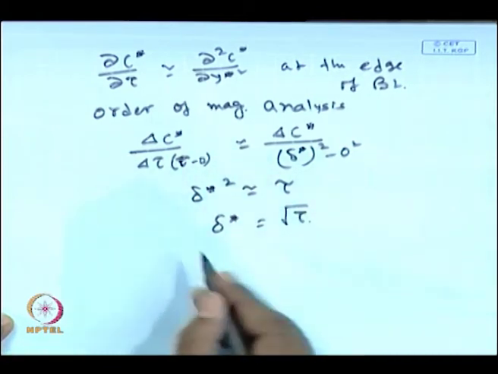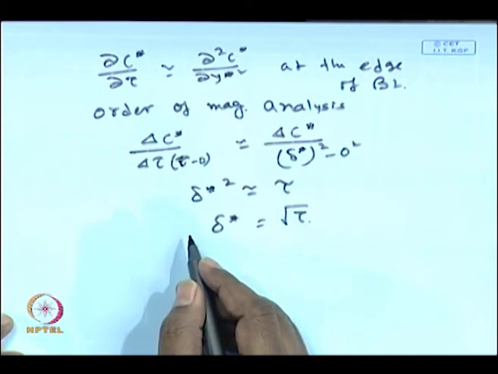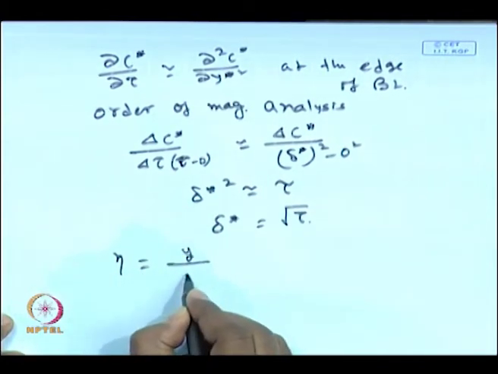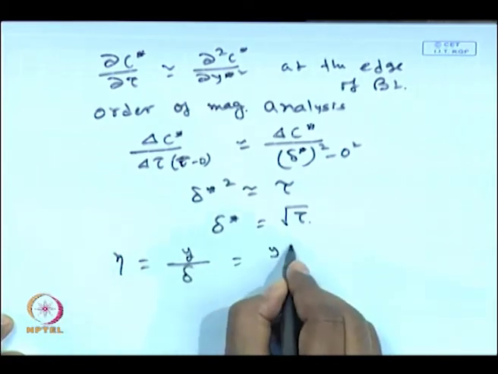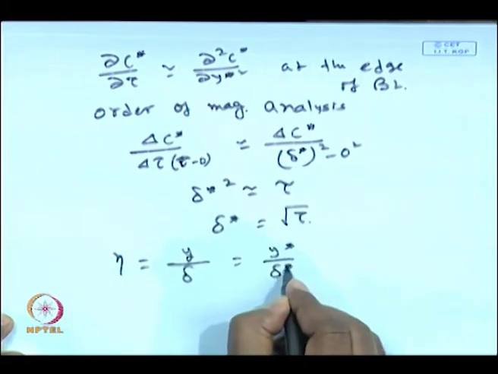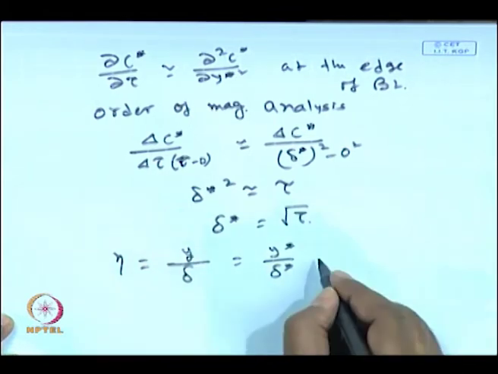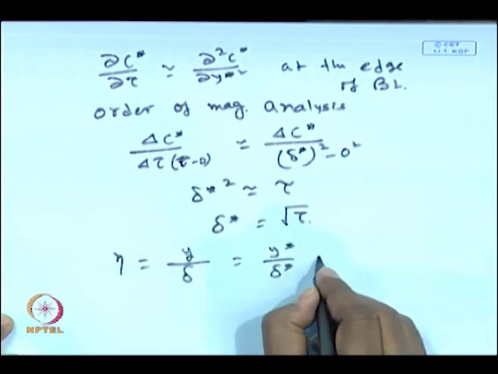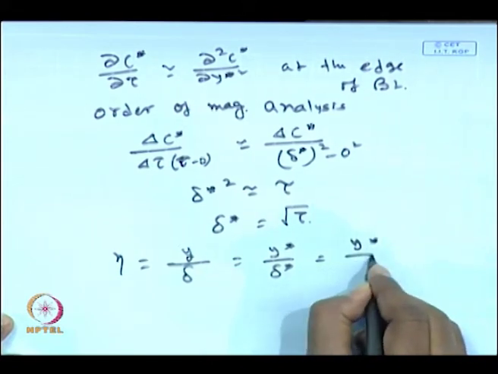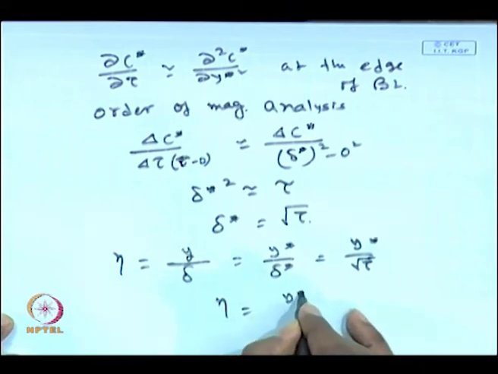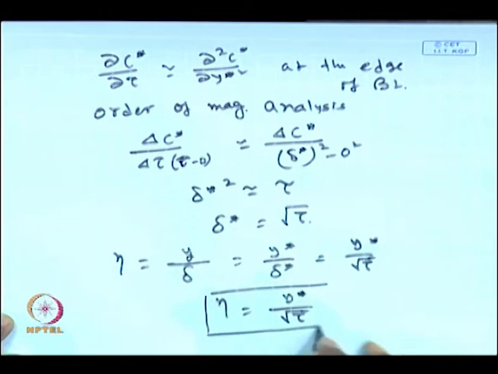Now if you define the similarity parameter, it is defined as y by delta, that means y star by delta star, dividing by the radius in the numerator as well as the denominator. So this becomes y star by root over tau. This is the form of the similarity parameter in this particular case.